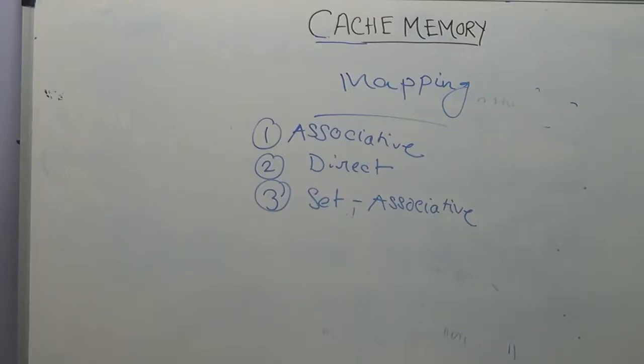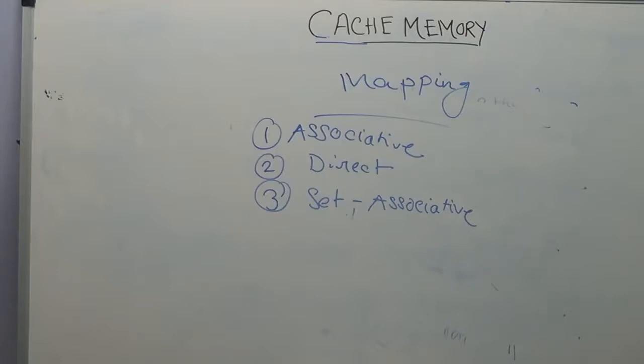Next, we will come to set associative. In the set associative mapping technique, two or more words can be placed under the same index address, each data word stored along with its tag value. The number of tag data pairs under the same index is said to form a set.